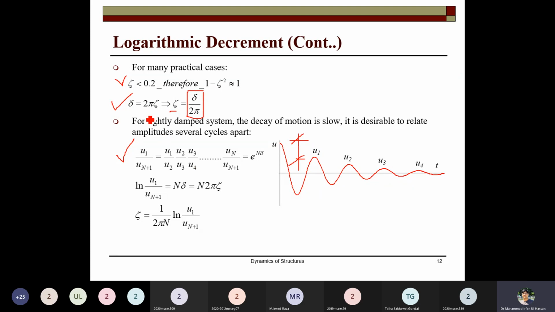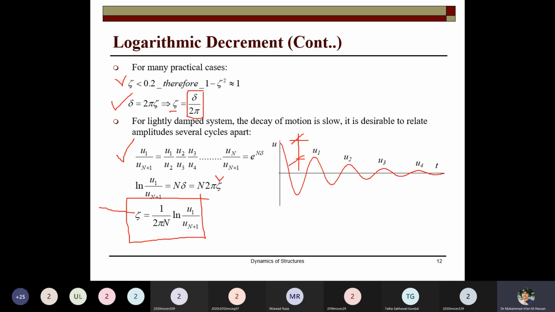So delta is 2 pi zeta for small damping, so it can be written like that. Or you can say that zeta is equal to 1 over 2 pi n into log of u1 over u n plus 1. For small values you can determine the damping ratio like that.